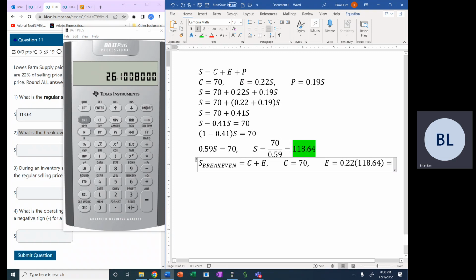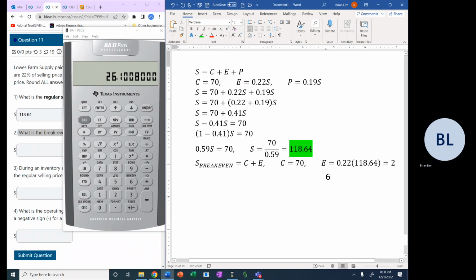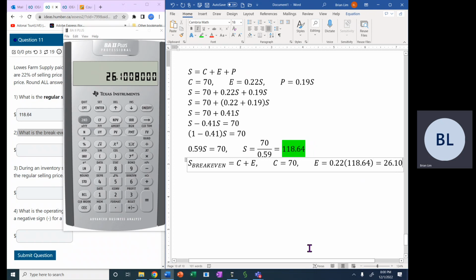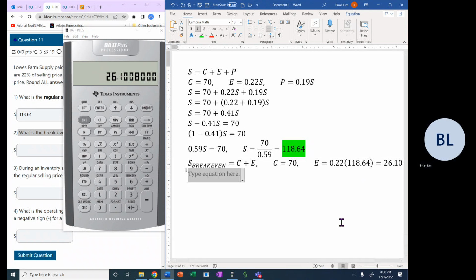Now let's check that again, because of that interruption there we might have introduced an error. So let us check it, and it is indeed 26.10. So we have the information to calculate the break-even selling price.